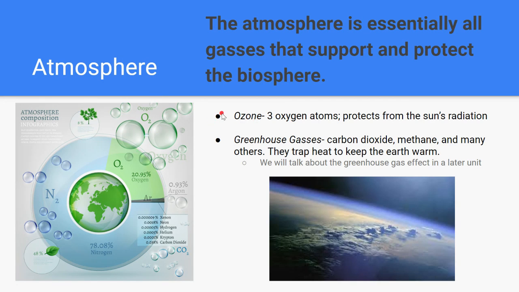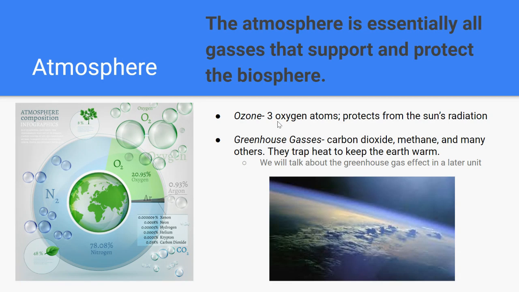There was a big movement, I think, in the 80s about the hole in the ozone layer, where scientists were measuring the amount of ozone in the atmosphere, and it was decreasing, essentially, and letting more radiation in, because these greenhouse gases and other things were going into the atmosphere and reacting with it and depleting the amount of ozone that existed.